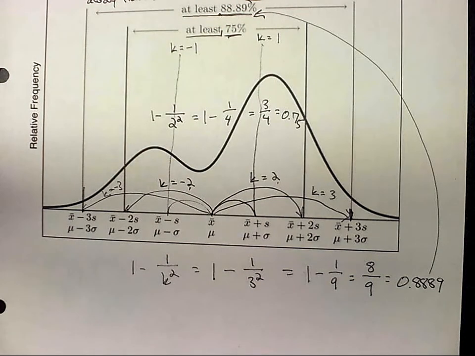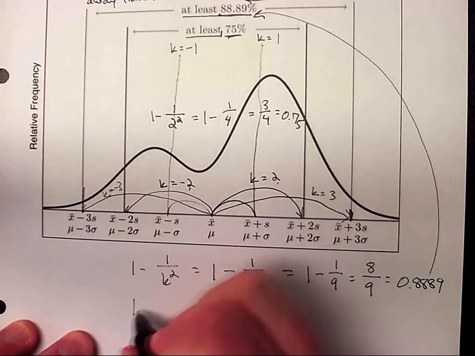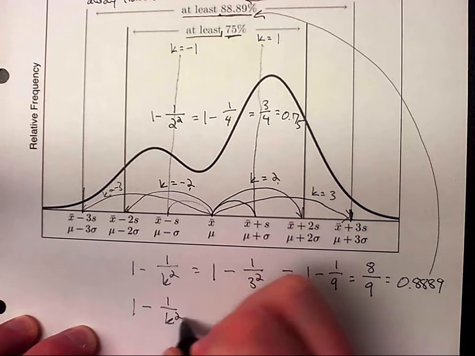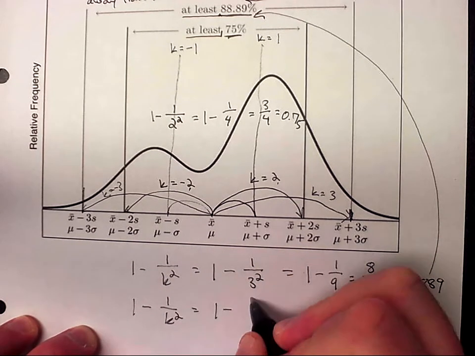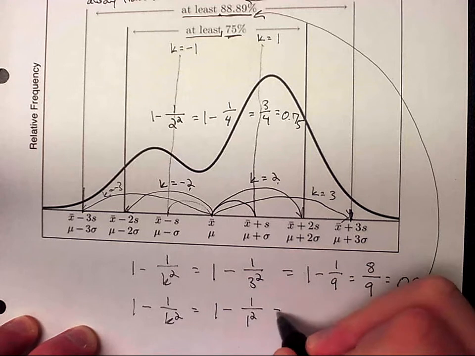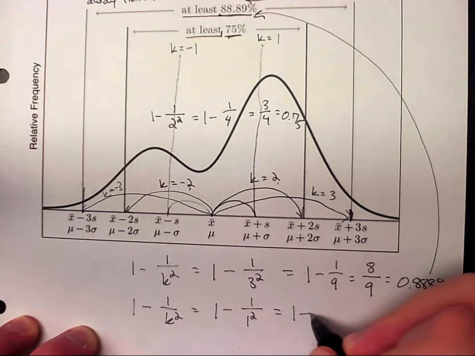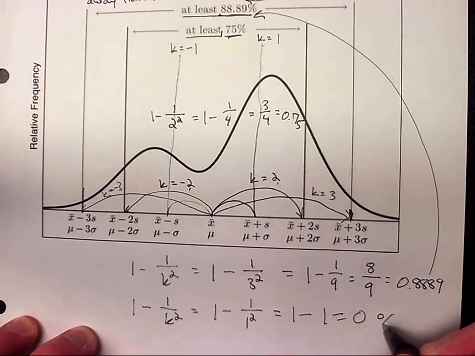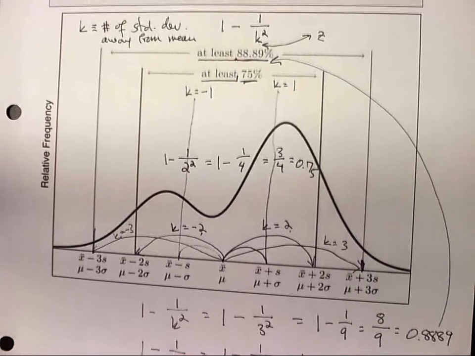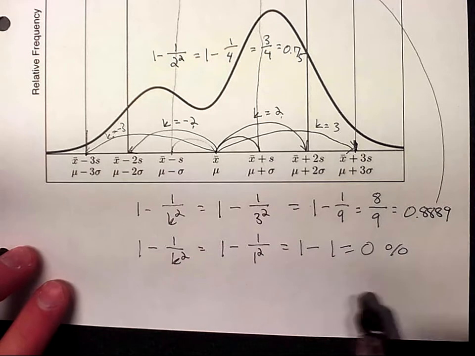All right. See what happens whenever you plug in 1 or -1 into this formula right here. 1 minus 1 over k squared. What do you end up with? 0. It's 0, right? So here if we have 1 minus 1 over k squared, and we plug in positive 1 for k, now we're ending up with 1 minus 1, which is just 0. 0%.